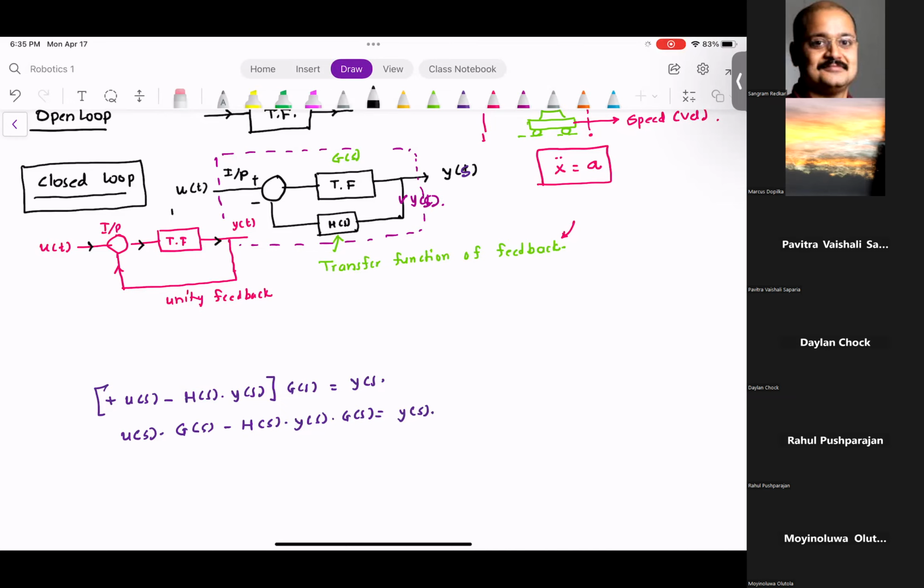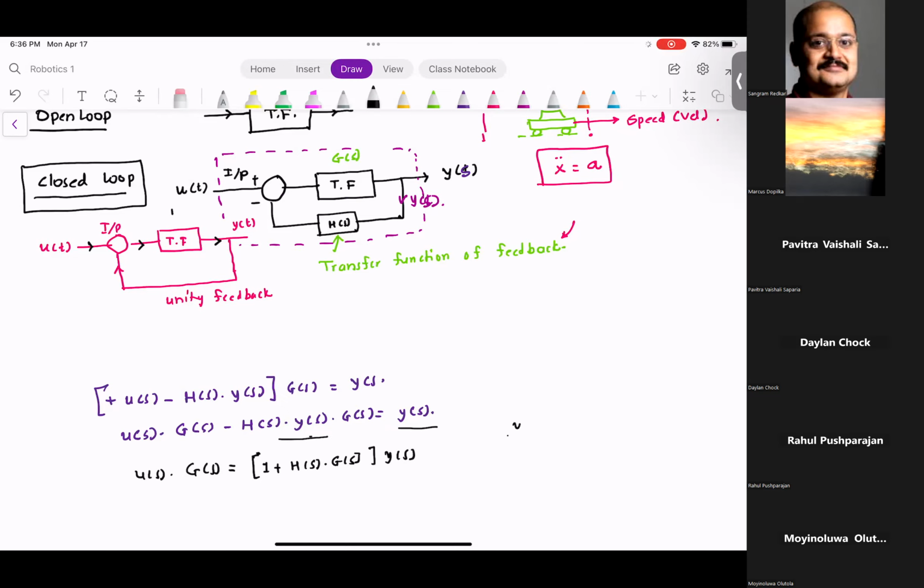Now we need to take terms together. As you can see, these y terms should go together. So u of s, g of s is equal to 1 plus h of s, g of s, y of s.